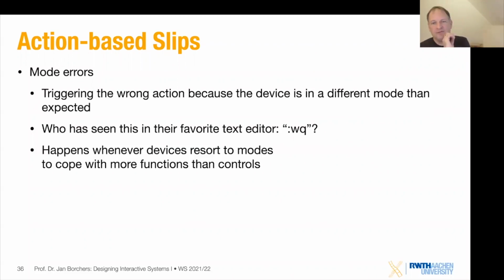Whenever a device or software resorts to modes, and resorts means it couldn't find any other cleverer way of handling this, it's to cope with more functions than it has controls. For devices, this is pretty easy to understand. If you have a clock, for example, then you need a button for adjusting the hours and the minutes, right? And you need to move them up or down. So that would be one button for hours up, one for hours down, one for minutes up, one for minutes down.